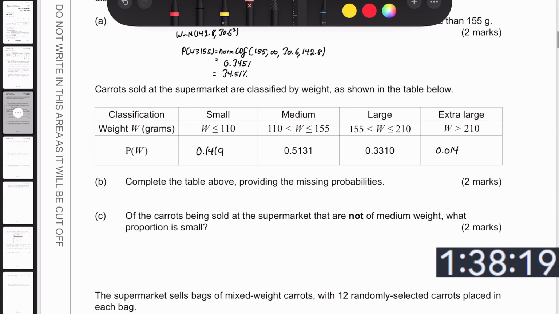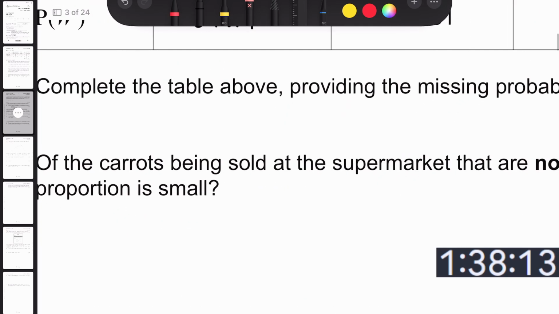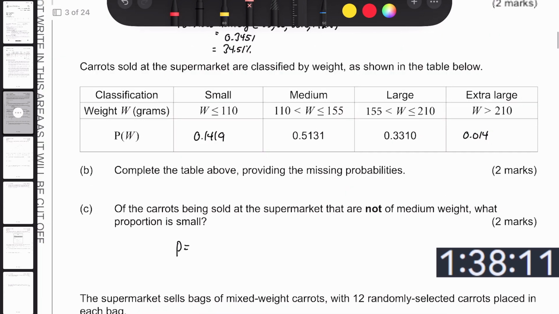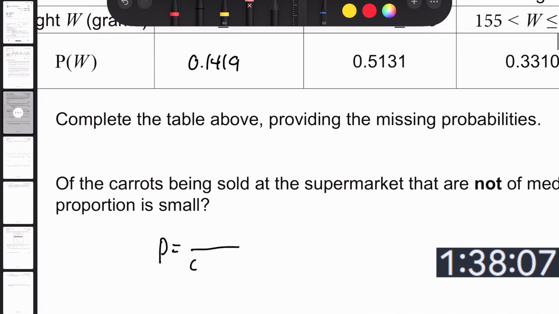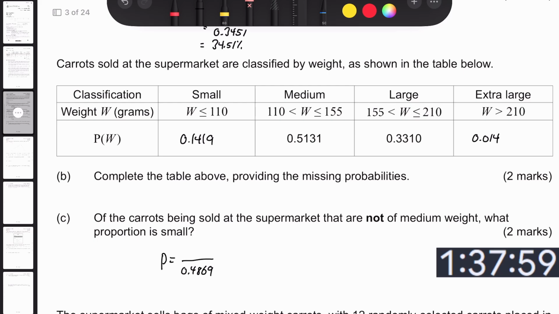Okay. Of the carrots sold that are not medium weight, what proportion is small? So medium is 0.51. So this would be 0.4869. What proportion is small?